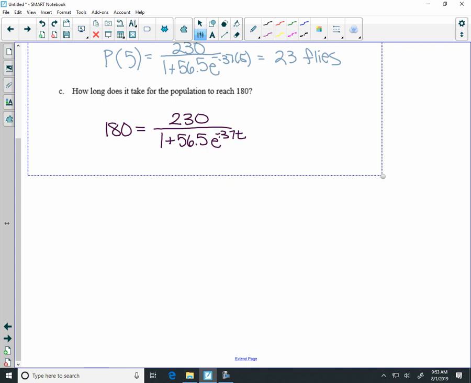So the first step is to get that denominator to the other side of the equation so that it's not in the denominator anymore. We're going to get rid of the fraction. Cancel that fraction first.